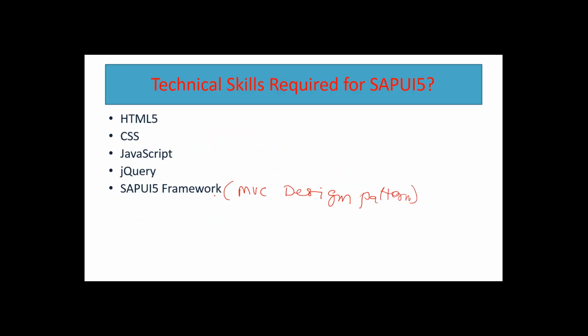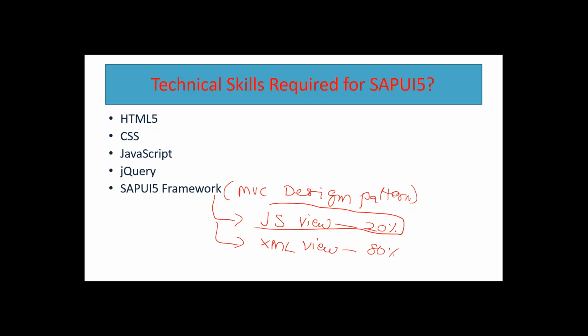As per our curriculum, we will be starting with JavaScript controls and JavaScript views, but SAP recommends using XML views. Finally we will be using XML views extensively. 80% of our code will be with XML views, and initially, to understand better how a control is developed and how it looks, we will be using 20% JS views.